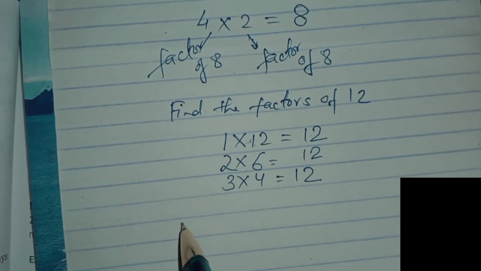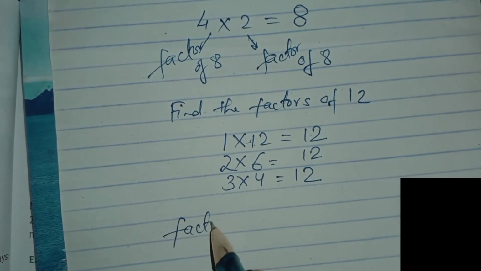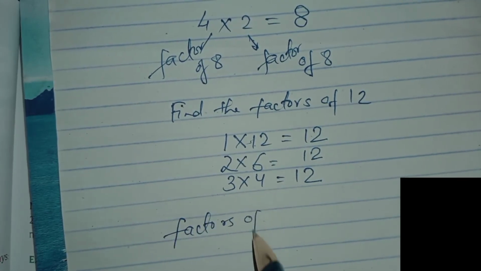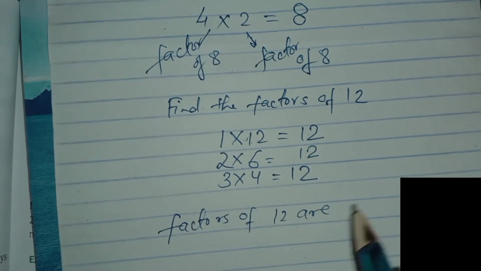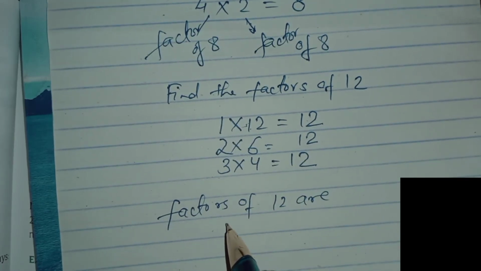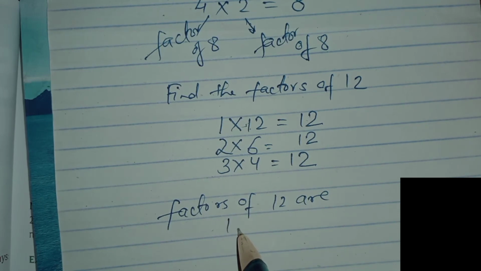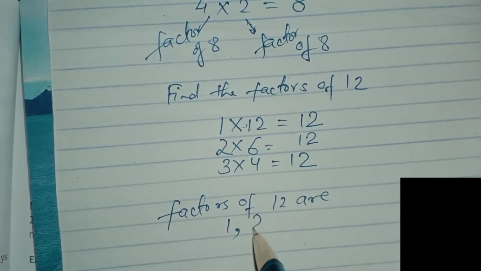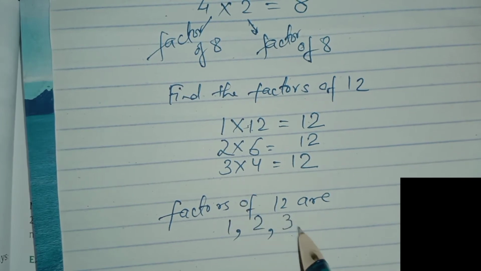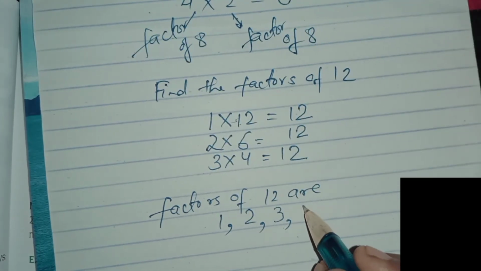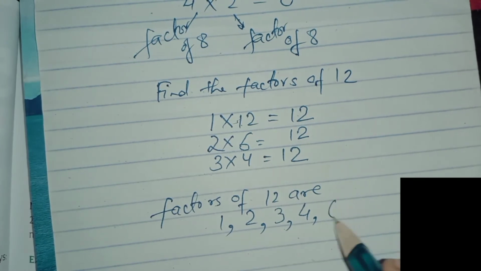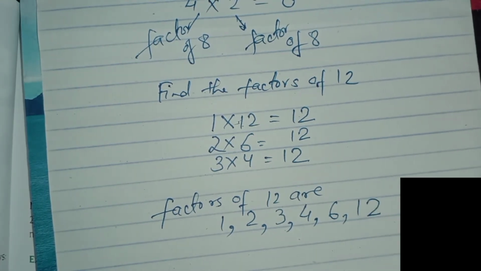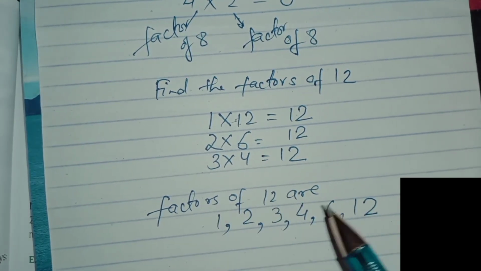So already we have got the factors. Now what are the factors of 12? 1, it comes in the 1 table, then 2, then 3, then 4, then 6, then 12. Okay, why have I not written 4 3s are 12 again? Because it is the same only.